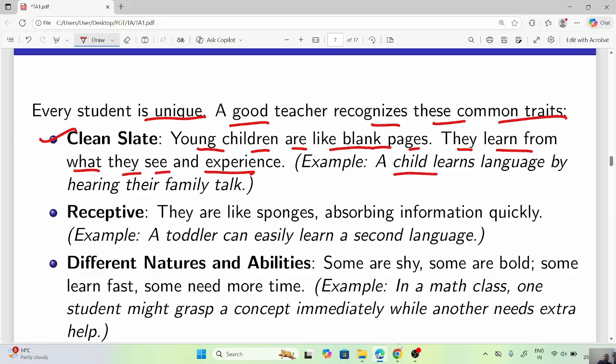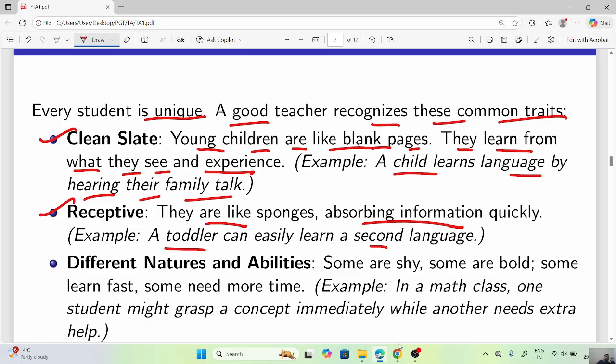Example, a child learns language by hearing their family talk. They are also like sponges, absorbing information quickly. Like a toddler can easily learn a second language.